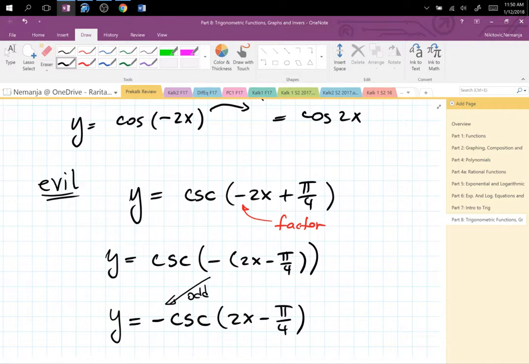All of those obey 1.6, 1.7, 1.8, and so on. So all we did today, 1.6 and 1.8 applied to trig.